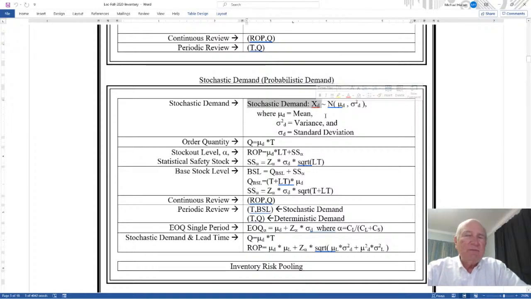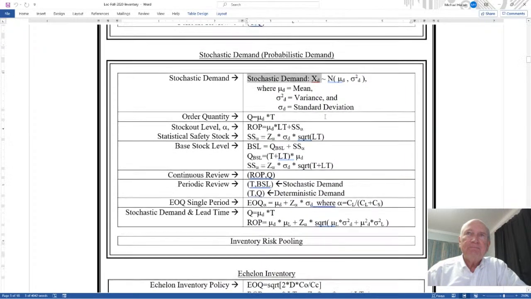Now, stochastic demand can have all different kinds of distributions: exponential, gamma, Weibull, Gumbel distribution, but usually Weibull. I'm just going to keep it simple and just have a nice bell curve, normal distribution, again, as an introduction to show how it works.